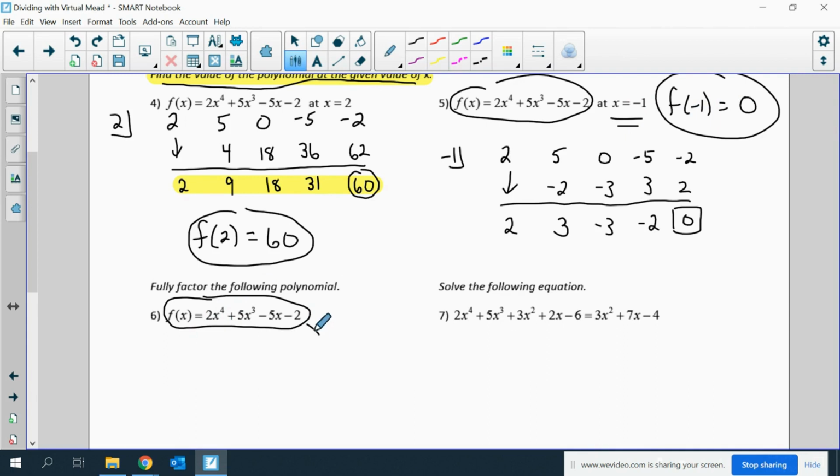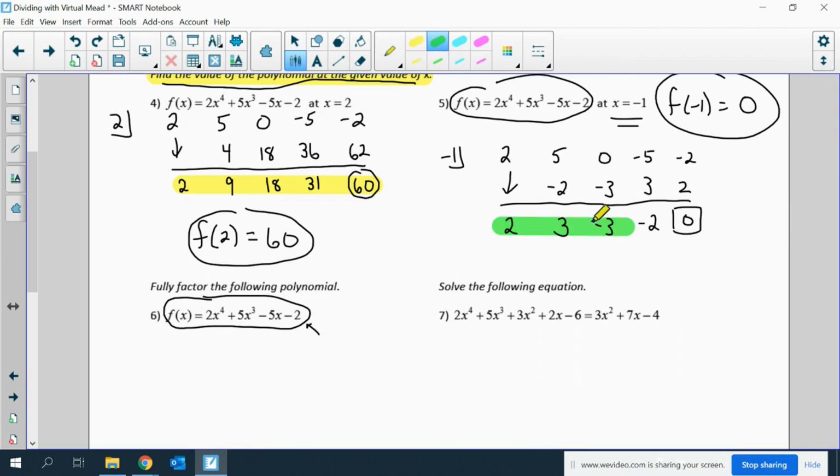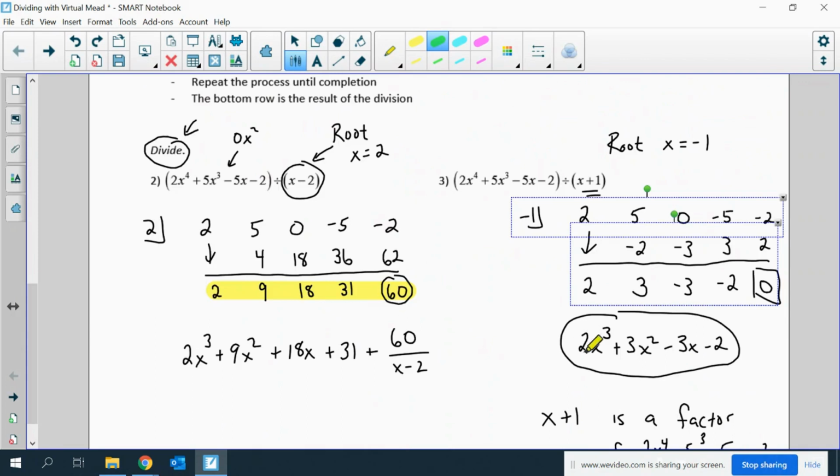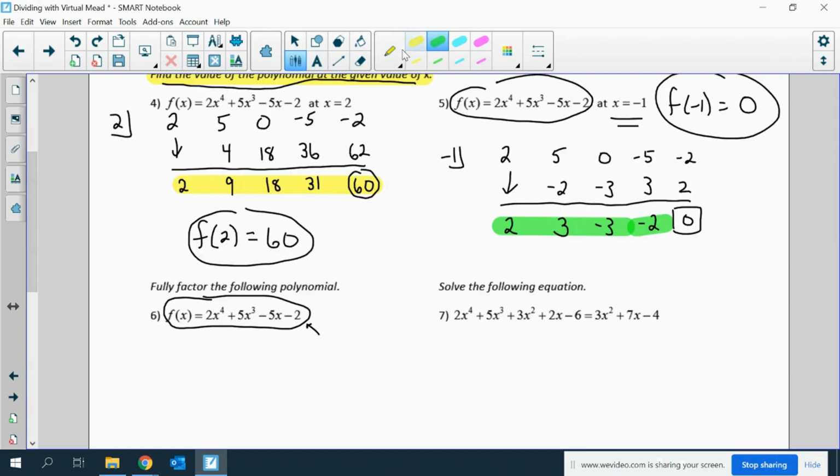So what I can do is I can also say that if I look at my coefficients, remember as I wrote what this was, if I divided by x plus 1, I end up with 2x to the third plus 3x squared minus 3x minus 2.